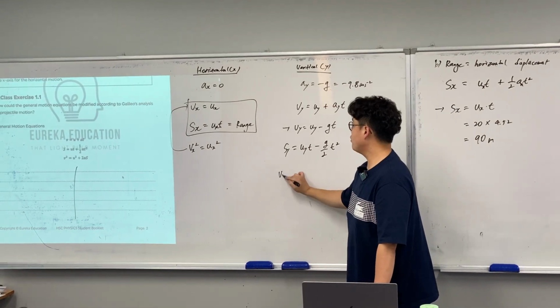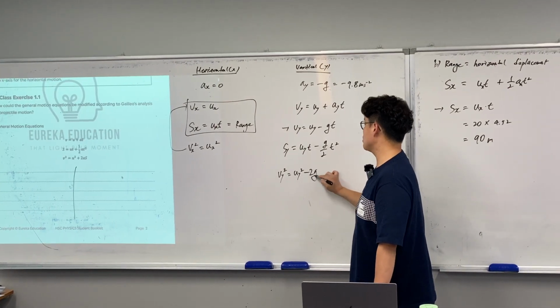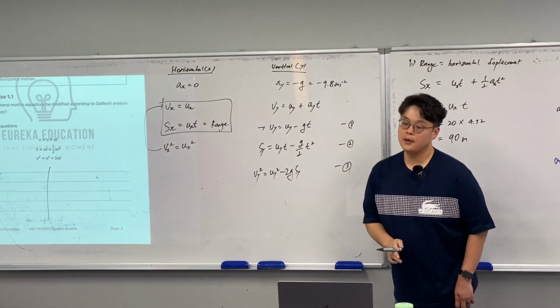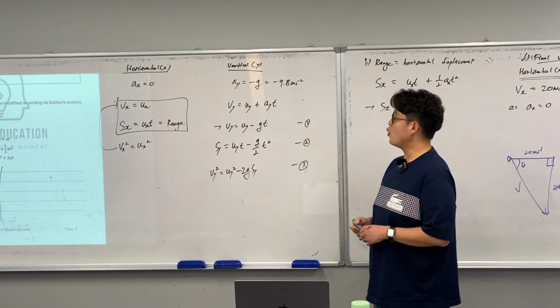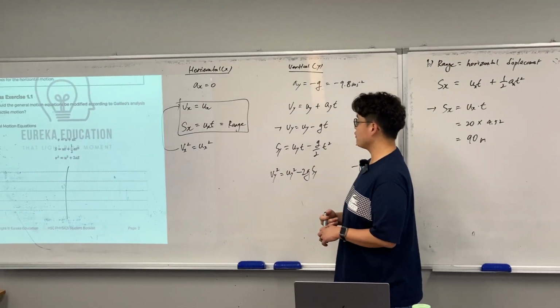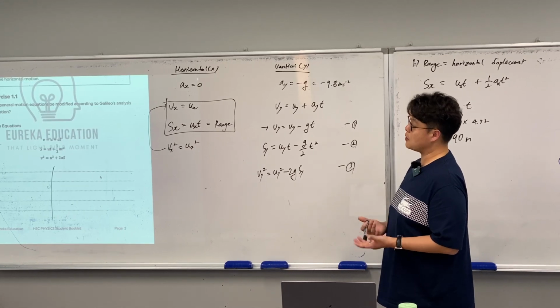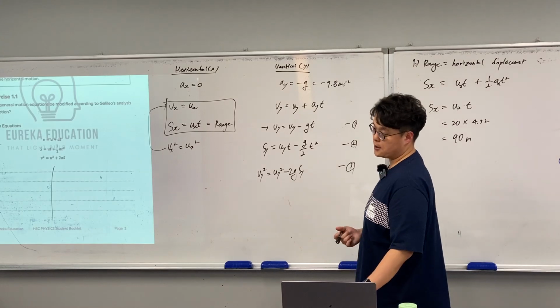Third, vy squared equals uy squared minus 2gsy, equation 3, the third one. So we are simply substituting the different modified values into the motion equation formulas, and remodifying them to suit the vertical and horizontal axes. Not too bad up to here.